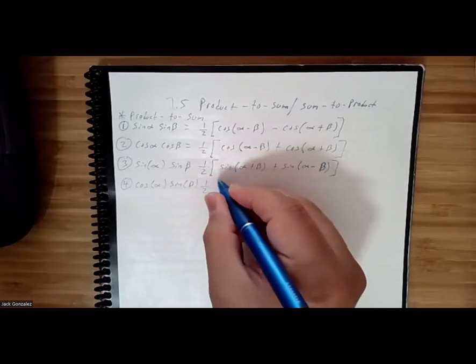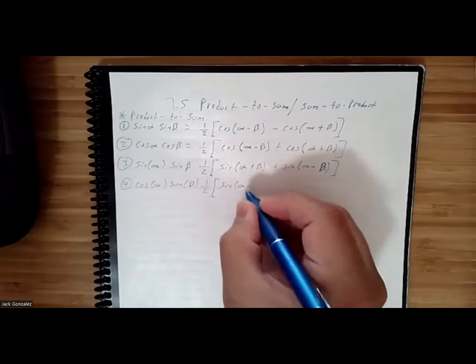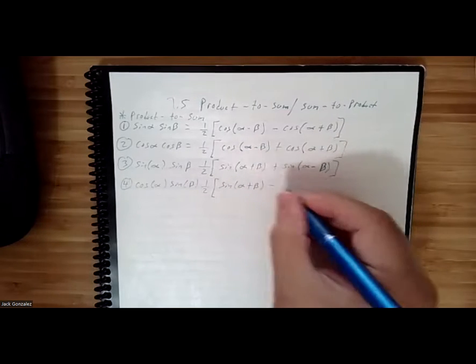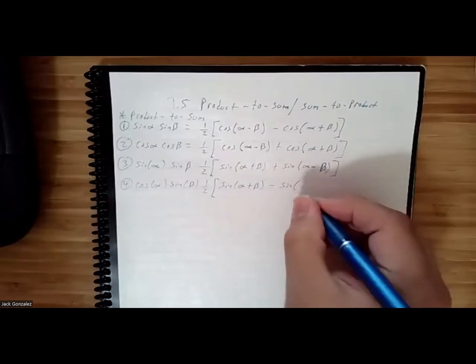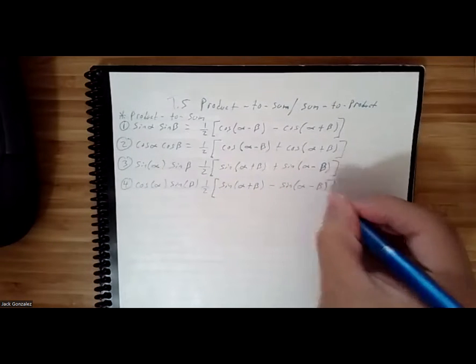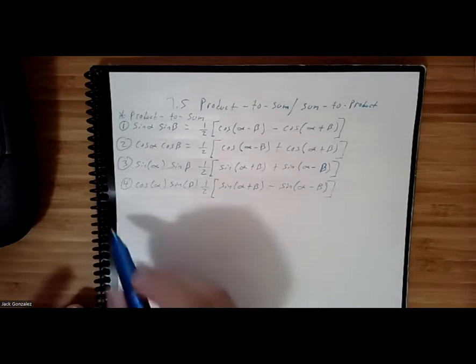Cosine alpha sine beta, that's going to be sine of alpha plus beta minus sine of alpha minus beta. All right, so those are all the product to sums.